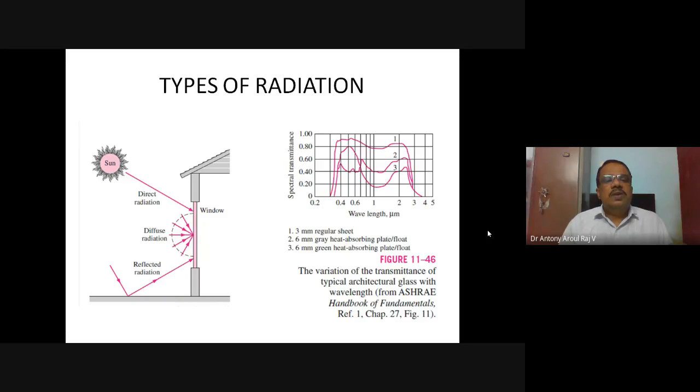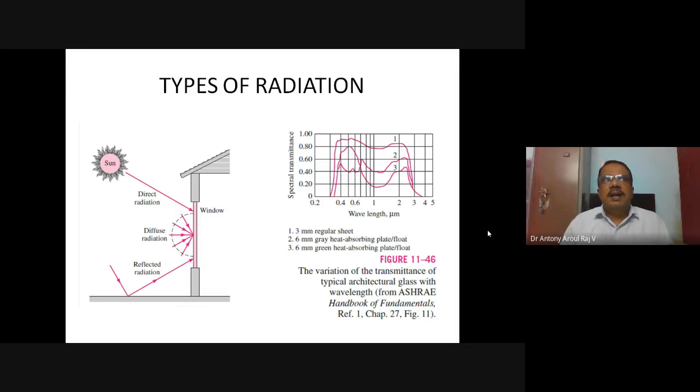That is how direct radiation has more energy with short wavelength, and diffuse radiation has less energy with longer wavelength. We should also understand that when there is multiple reflection, direct radiation is converted into diffuse radiation. That is what happens in a house also.